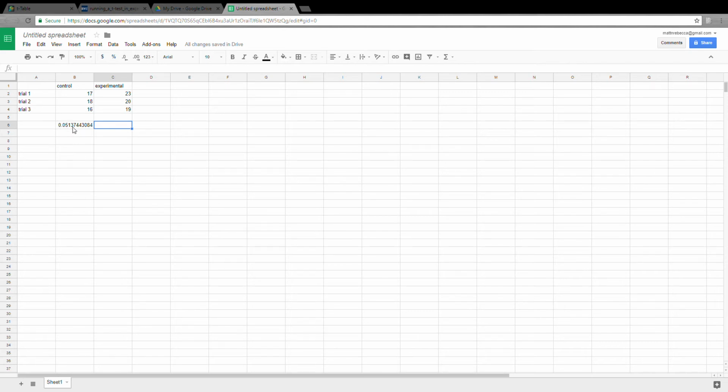And I'm like, that's so close to 0.05, but guess what? It's still over 0.05, which means I am now no longer 95% certain that my results were obtained due to the manipulation of my independent variable. So in this case, I fail to reject my null hypothesis.